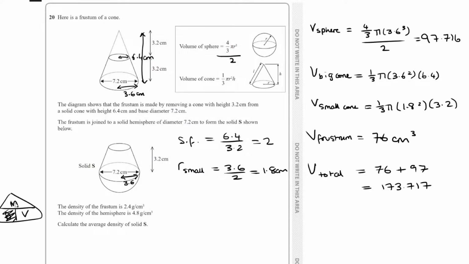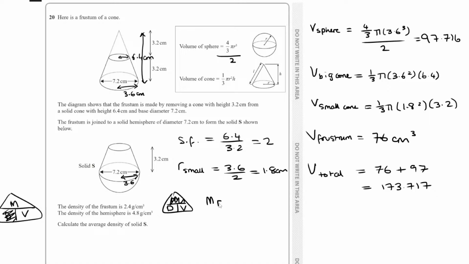We also need to know then the total mass. So the mass, we've been told the density, right? So if I want to work out the mass, I now have the volumes. To work out the mass, I need to do density times the volume. So for the frustum, it's just a massive question, this one.